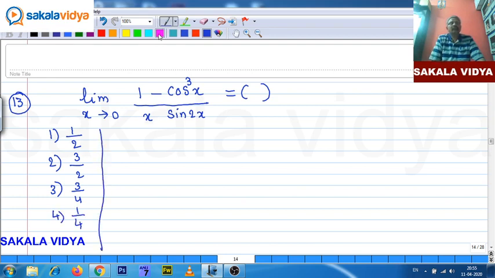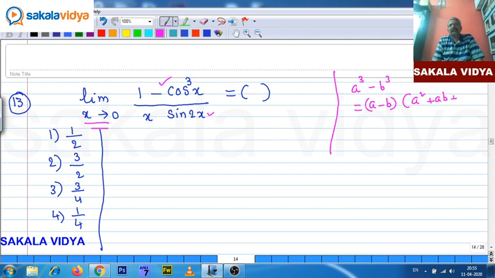Okay. Limit x tends to 0, 1 minus cos cube x by x into sin 2x equals to how much? Here actually let us make the plan like this. First is a cube minus b cube formula I would like to apply, that is (a minus b) into (a square plus ab plus b square).